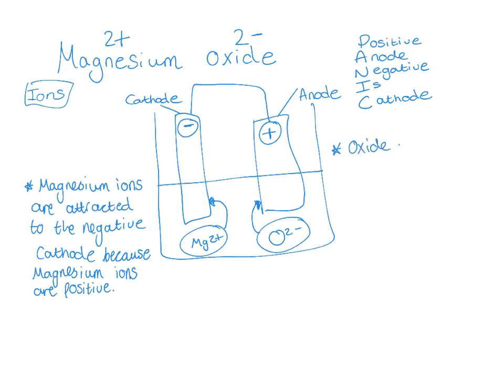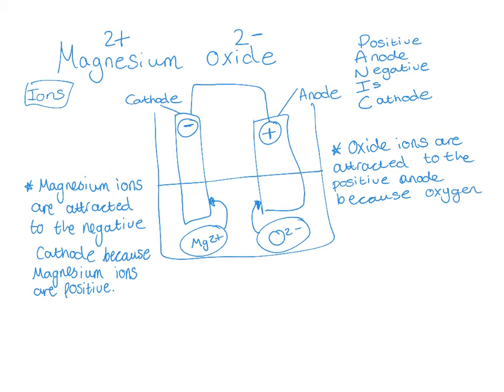Oxide ions go to the positive anode because oxide ions are negative. So we're up to 2 out of our 4 marks.